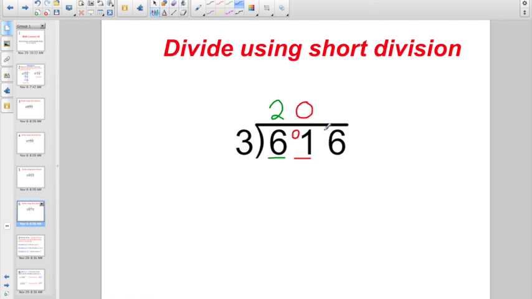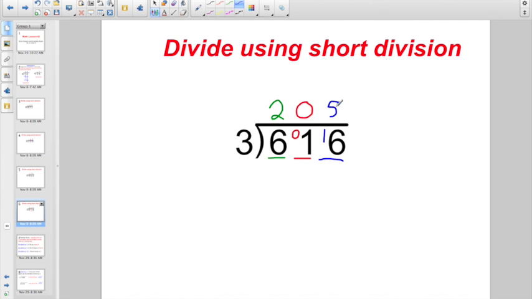Write your answer next to the next digit in your quotient. And my last step, this is where it's different. I'm hoping you didn't hit fast forward. 16 divided by 3. 3 divides into 16 5 whole times.